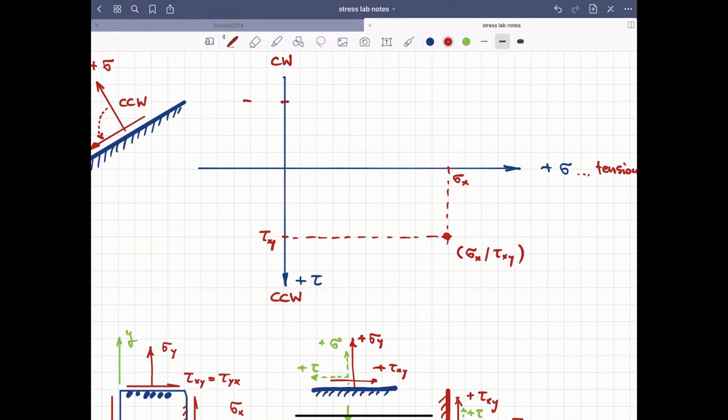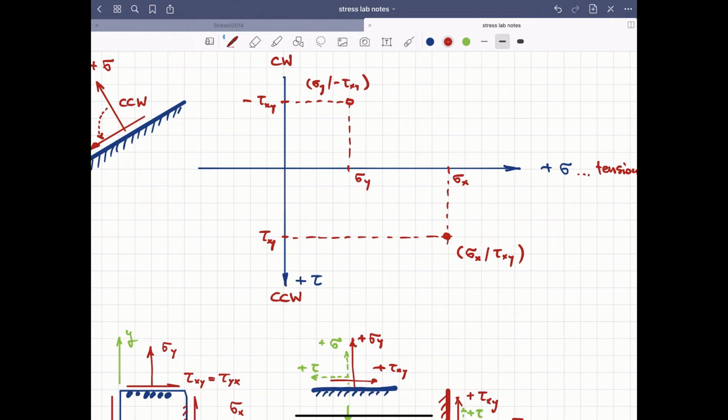So now we have the shear stress is minus tau xy and some normal stress sigma y. Again, we have coordinates of a point, and if we enter that point, we see that the sigma and tau coordinates are plus sigma y and minus tau xy.